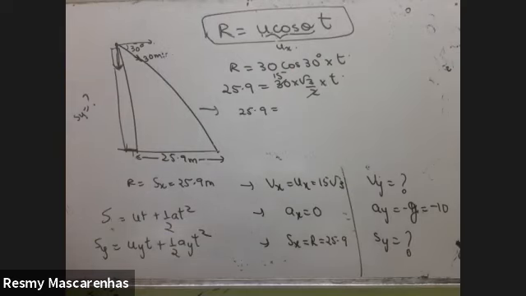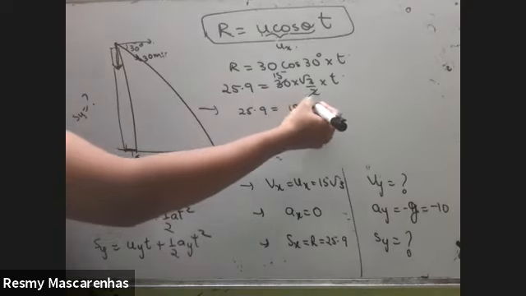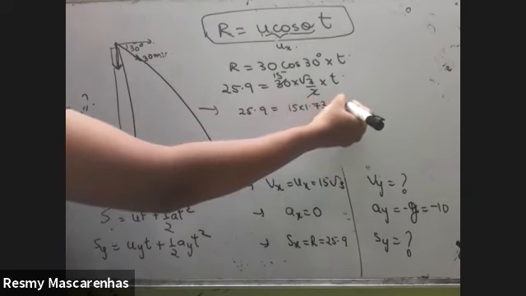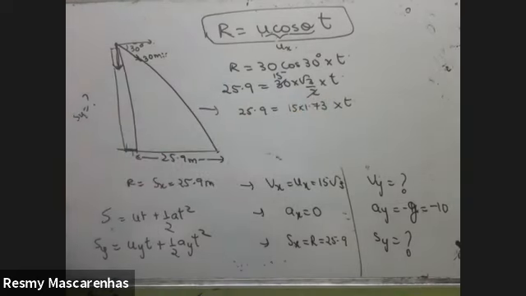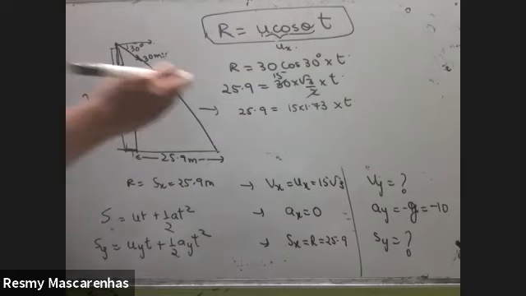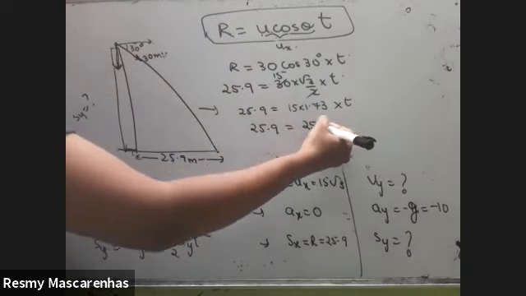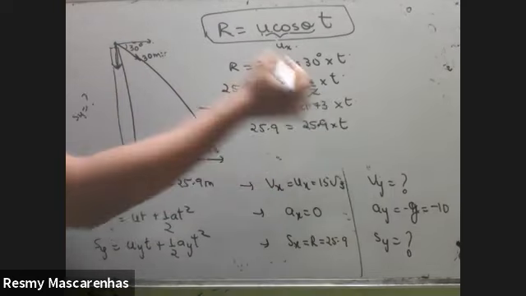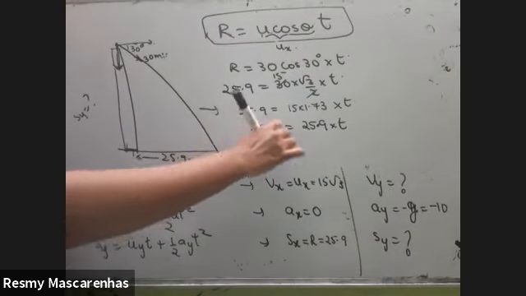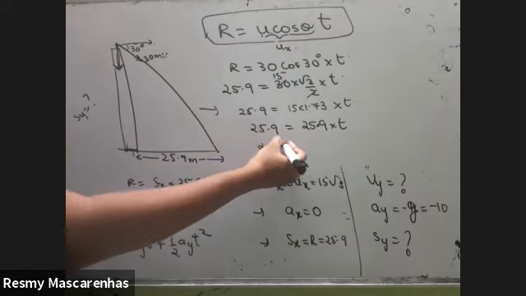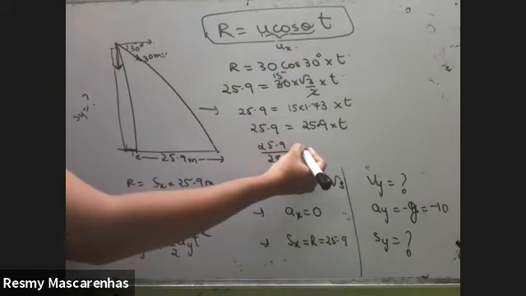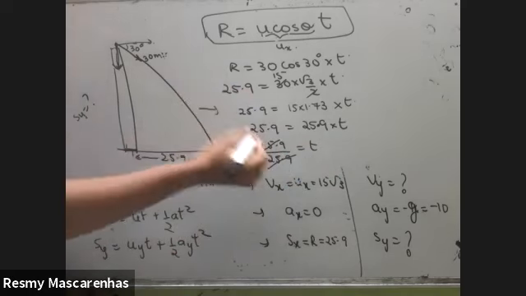Many places you'll come across this root 3. That is 1.73. If you multiply 1.73 into 15 now, you will get 25.9. Then you take this, because they have given you a value such that it will always cancel with this. So t is 1 second.